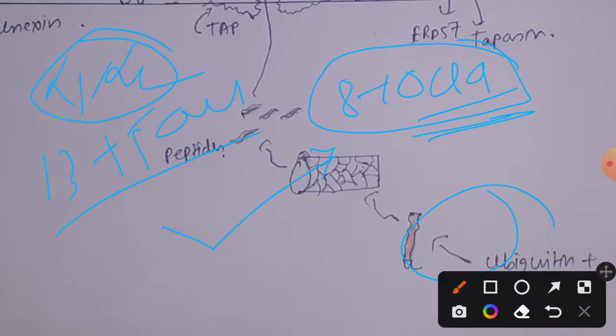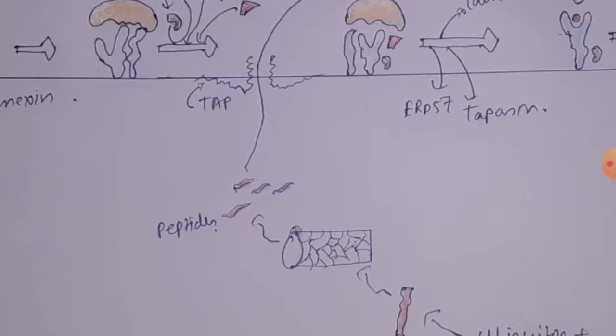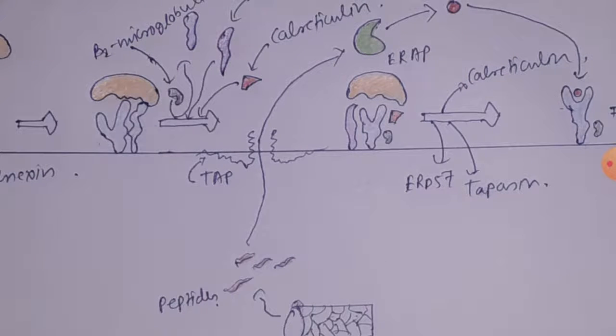Okay, then how can a peptide molecule having 20 amino acids fit with the MHC class 1 molecule? This is a very big question, right? Under such circumstances, there is a protein present in the ER lumen that is going to play an important role.